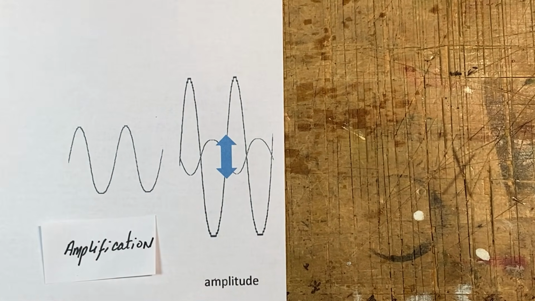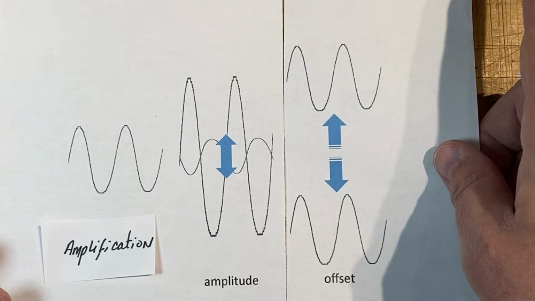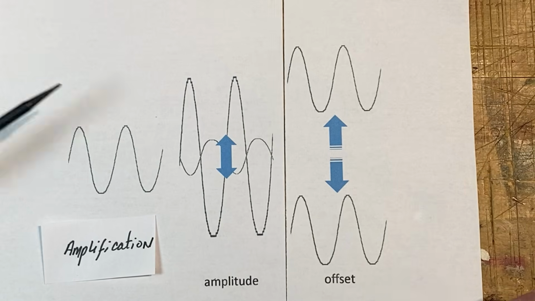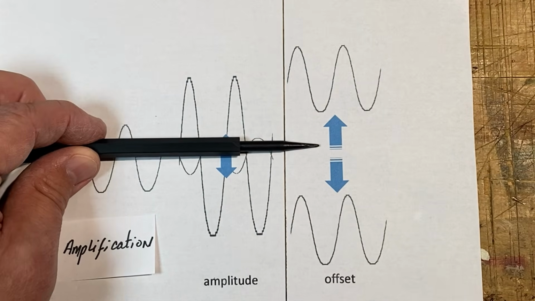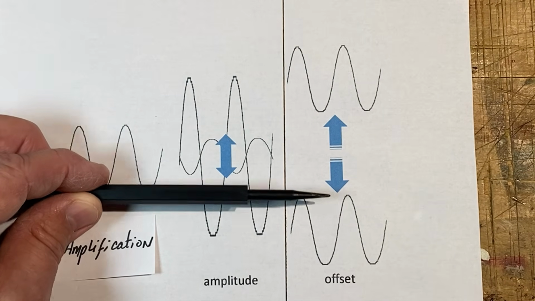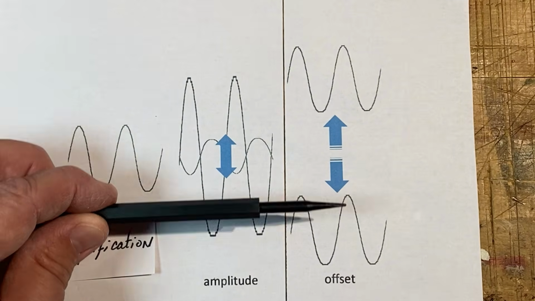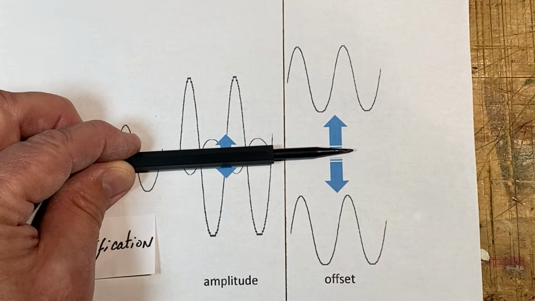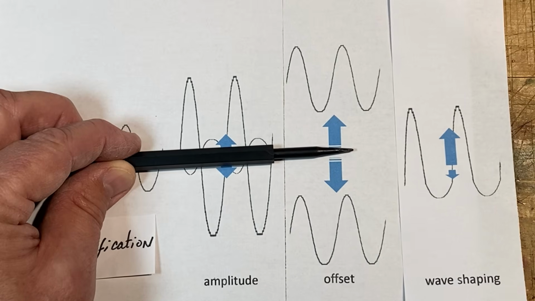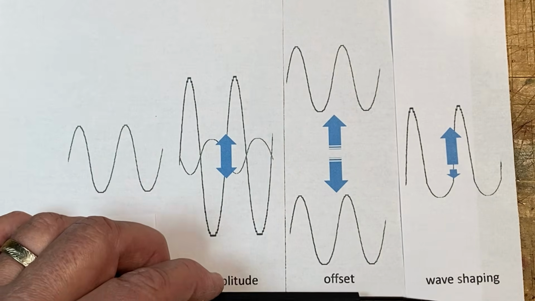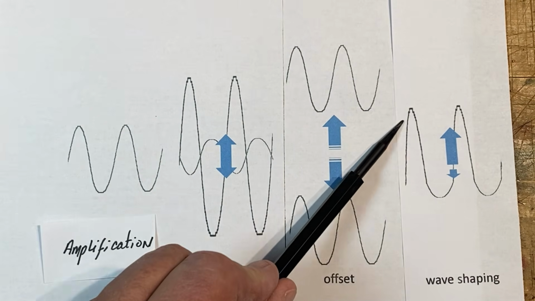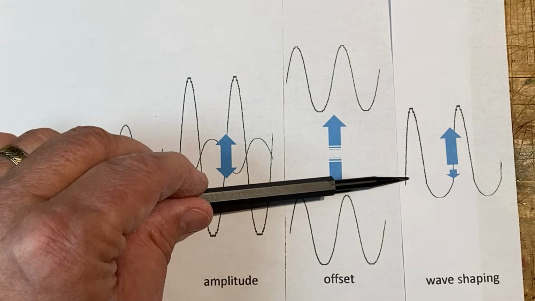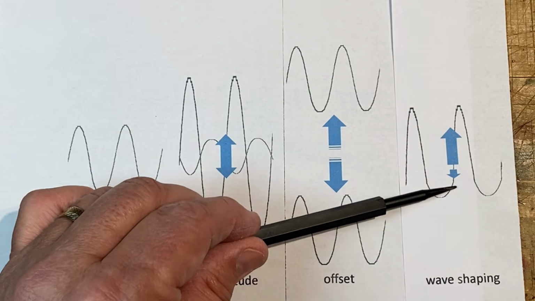Amplification means more than just an amplitude change. I could also have a DC offset where the input wave is just given a positive or a negative DC offset with respect to the ground or center. It can also do things like wave shaping, where the top half of the wave, its magnitude may change more than the lower half of the wave.